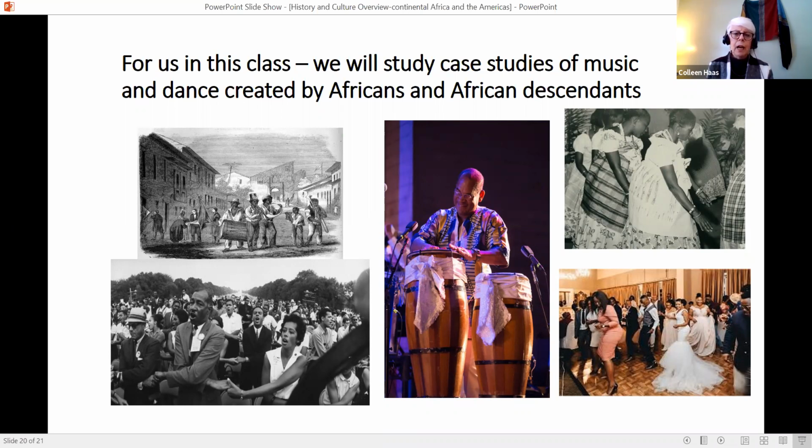We have lots of early drawings in the Americas of music in the Caribbean and in Brazil that had these festivals that resembled, even in the United States in Louisiana, processional traditions in Africa, just that some of the instruments might have been European instruments and some of them were African.